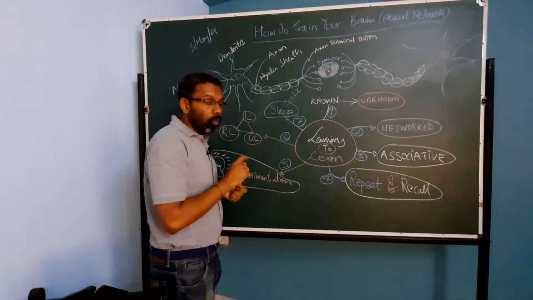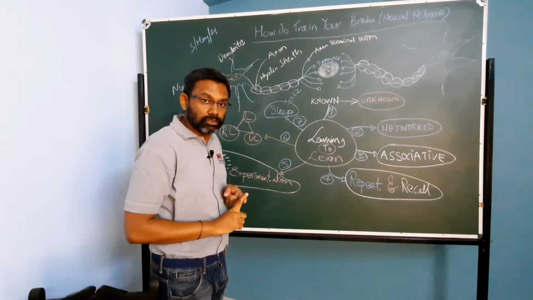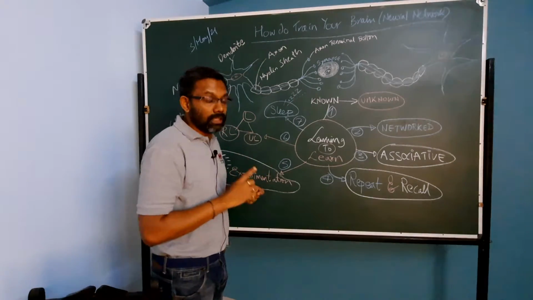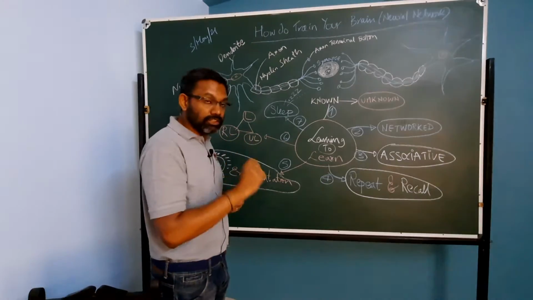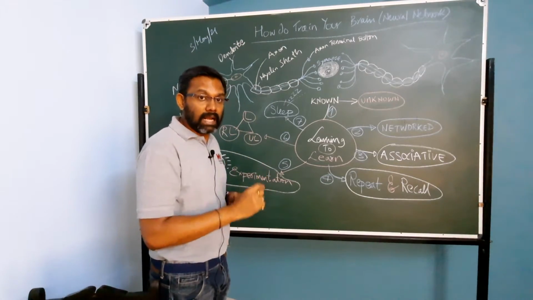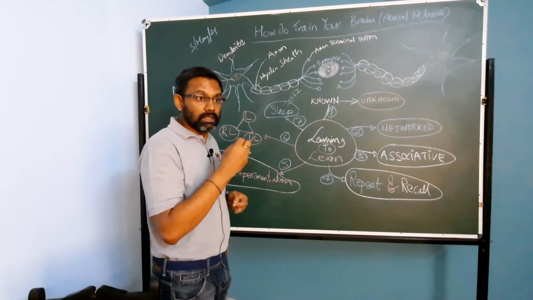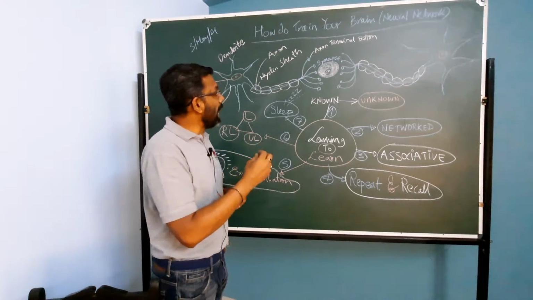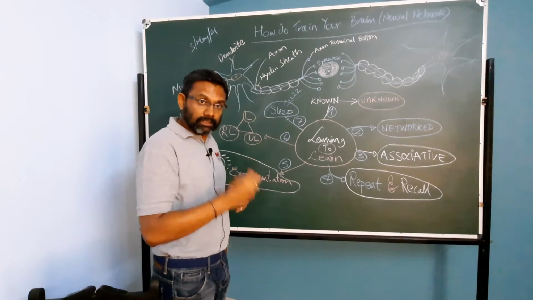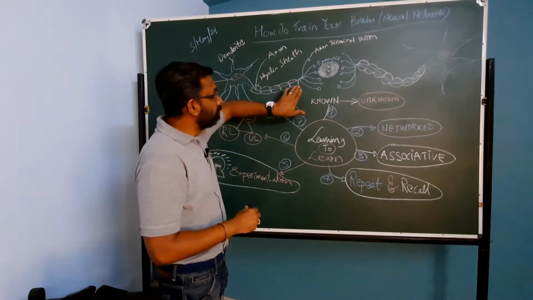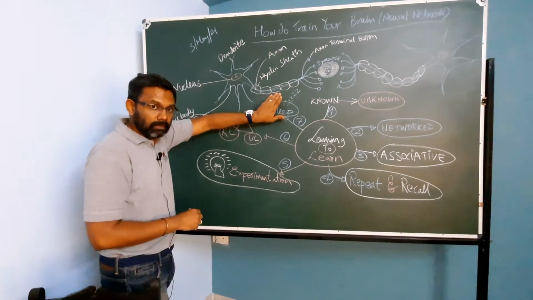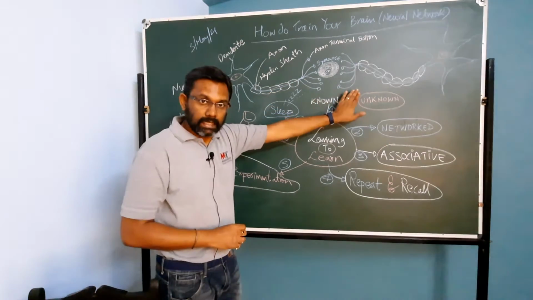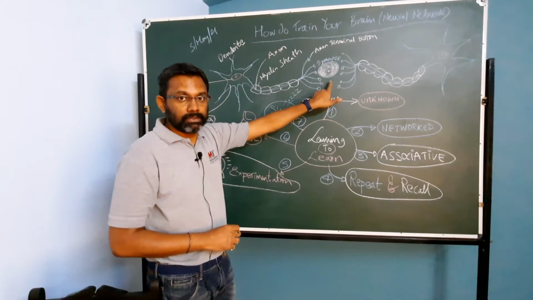Now, what happens in this chemical exchange? When the chemical exchange occurs, that is when we are initiating what is called as a neural transmission, a message. And learning essentially means that information has moved from one nerve cell to another nerve cell via the synapse.